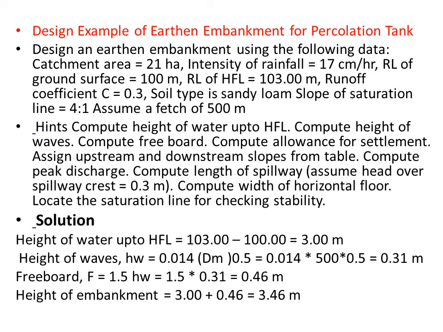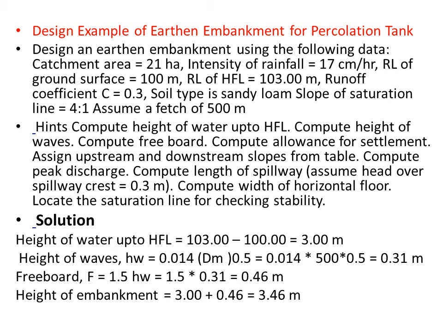Design an earthen embankment using the following data: catchment area 21 hectare, intensity of rainfall 17 centimeter per hour, RL of the ground surface 100 meter, RL of the HFL 103 meter, runoff coefficient C equal to 0.3, soil type is sandy loam, slope of saturation line is 4:1, assume a fetch of 500 meter.